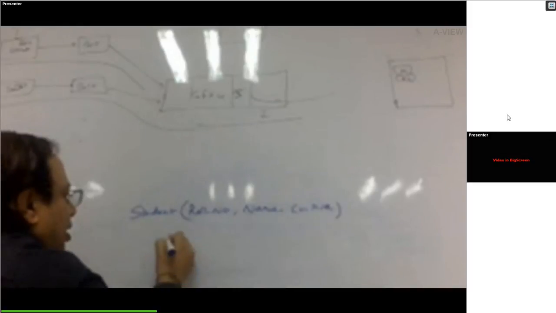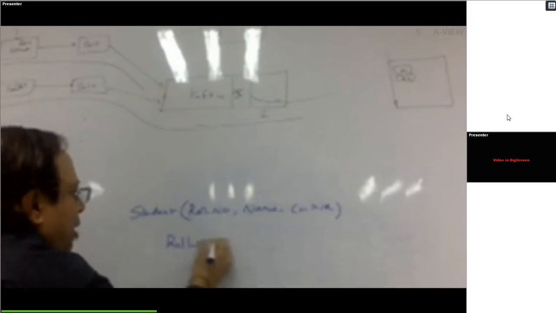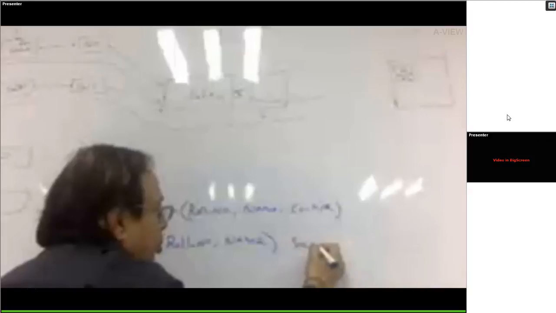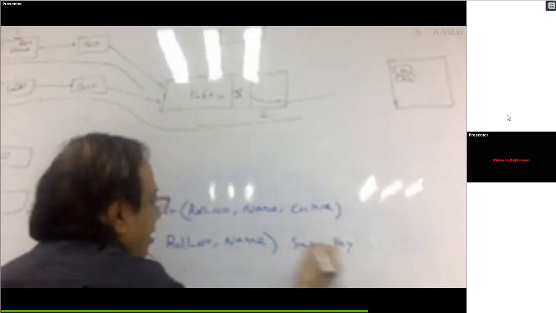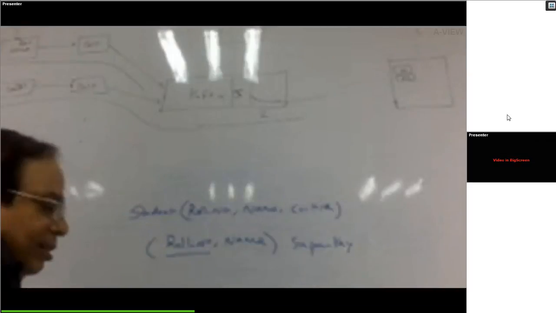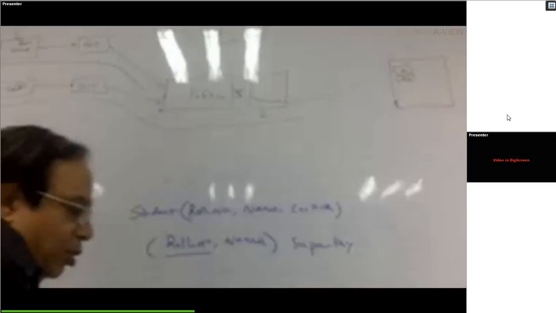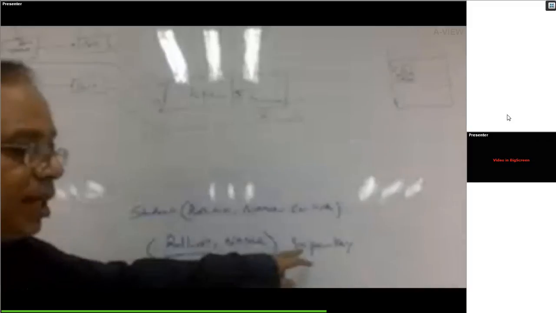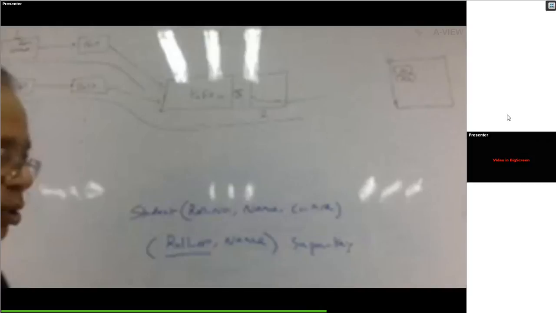Now roll number plus name, if you take this, is called the super key. The super key has the key attribute as its subset. If one of the keys is part of the attributes, then we call that a super key.